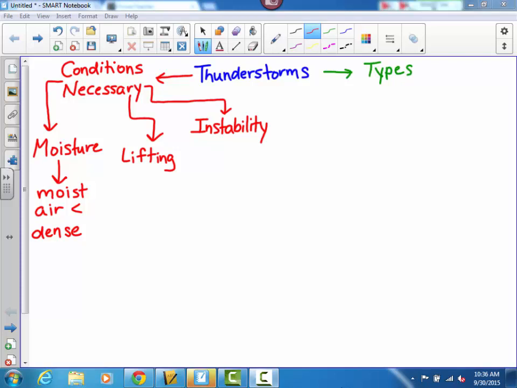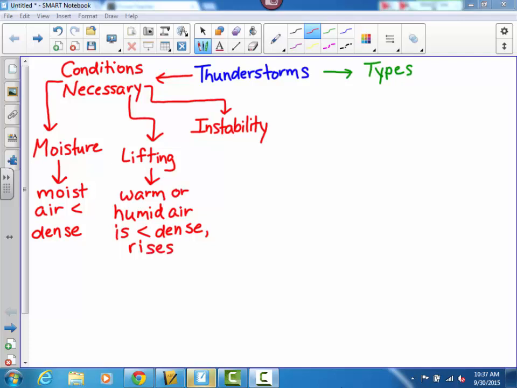That comes from this idea of lifting. Lifting of air masses occurs from a few different things. If the air is warm, it will rise. We know that warm air rises because it's less dense. If it's humid, we know it will rise because it's less dense. So warm or humid air is less dense, so it rises.